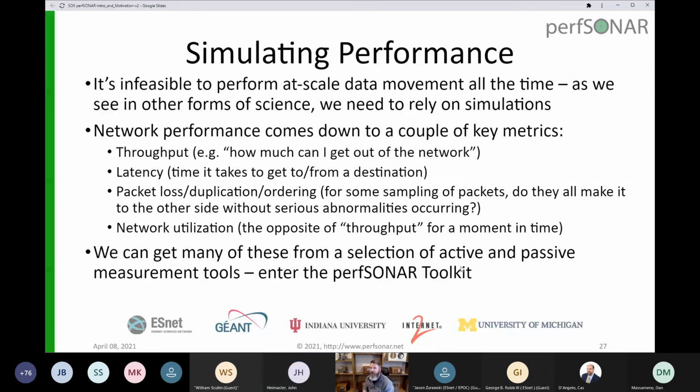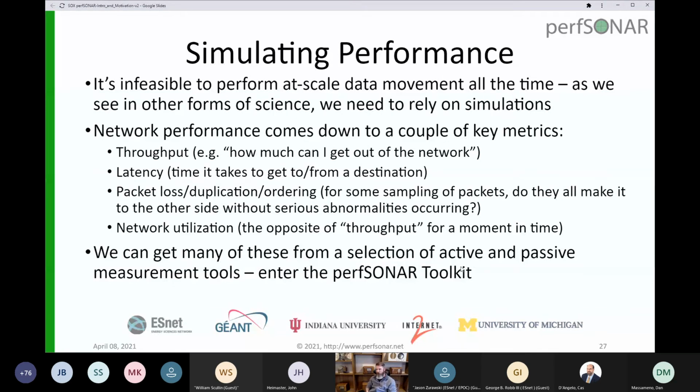So we want to be able to simulate performance end to end. We want to be able to tell a user, if you do a transfer, this is the kind of performance you can expect. And we want to be able to do this to prove out our own networks as well. So in order to do that, we need to be able to transfer something across the long path. Because remember, TCP is not something we can simulate by pieces of a whole.